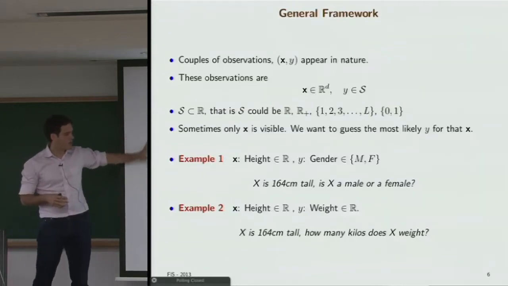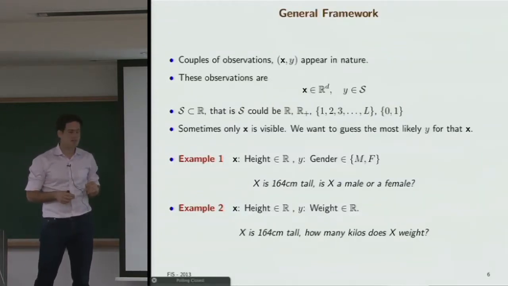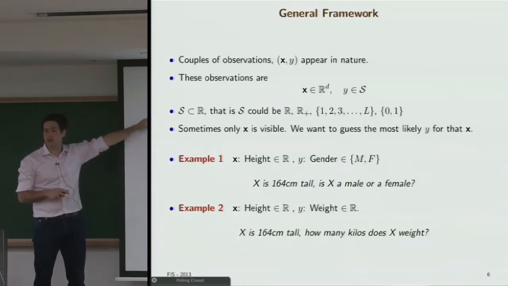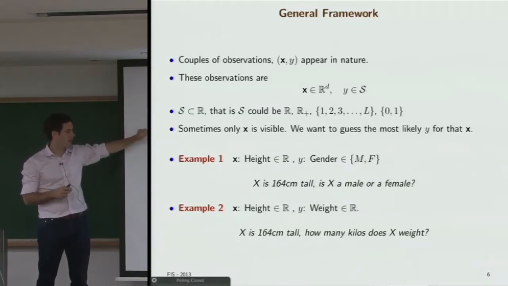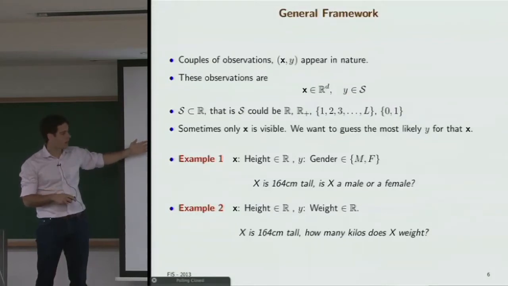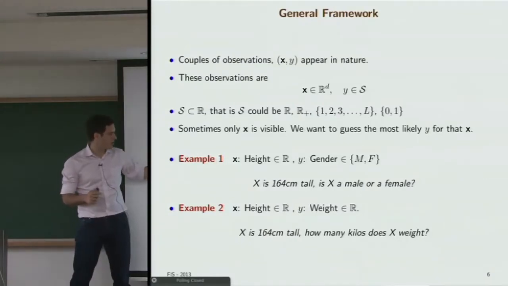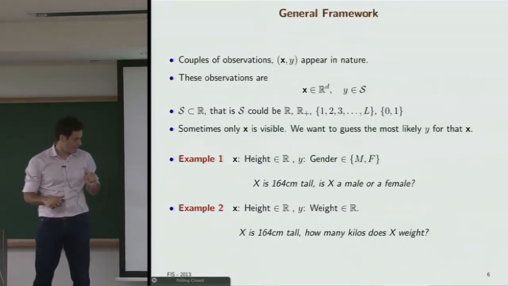But now we have to rely more on this probabilistic framework. So we assume that all the observations x, y that are in nature are split between x, which will be a vector, and y in a set S. So S could be a real number or again labels, etc.